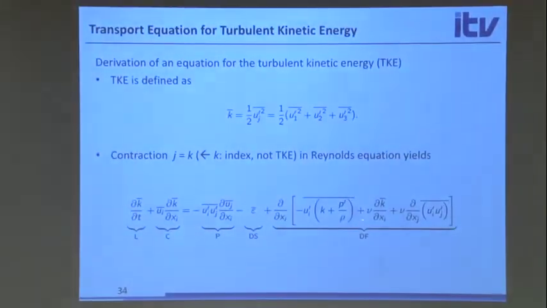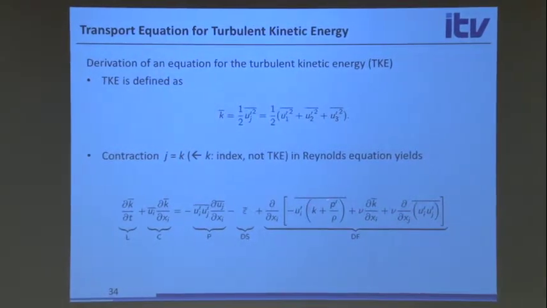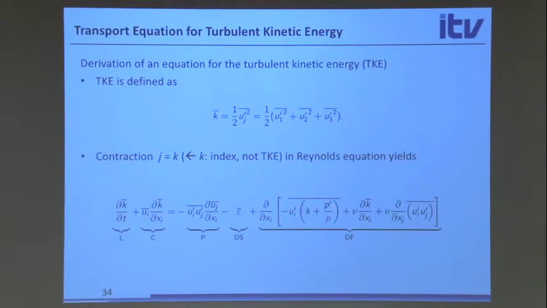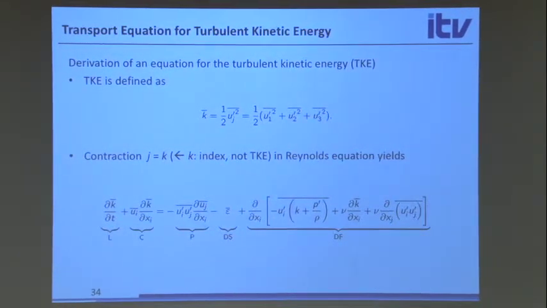And then we have this term here, u prime times k. So that is something like u_i u_j u_j, you can say, and u_i u_j u_j looks like the Reynolds stress tensor for the kinetic energy. That looks like the turbulent transport for the kinetic energy. So that is the turbulent transport that redistributes also the kinetic energy.